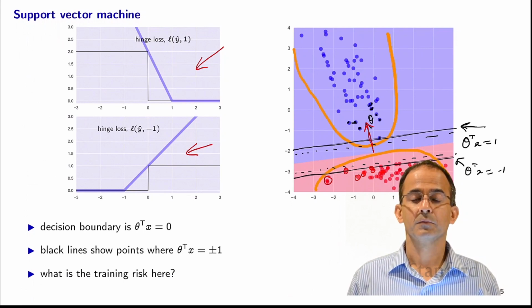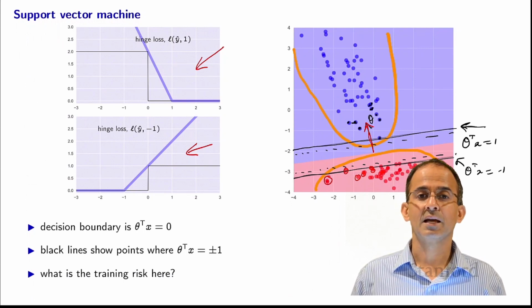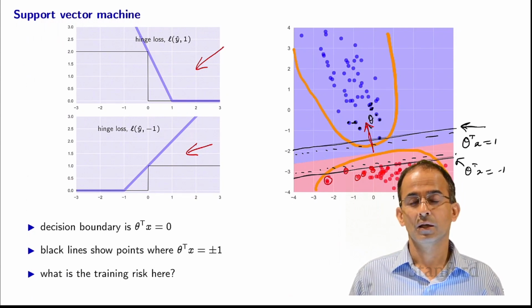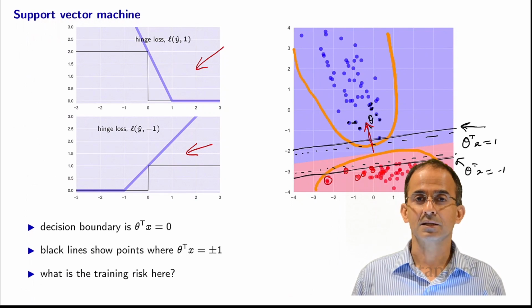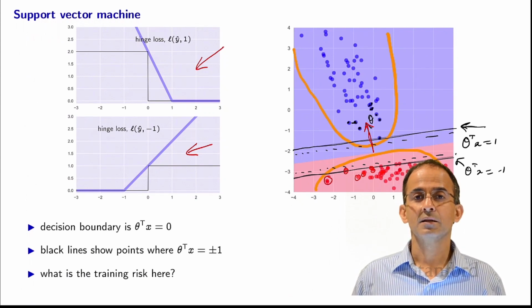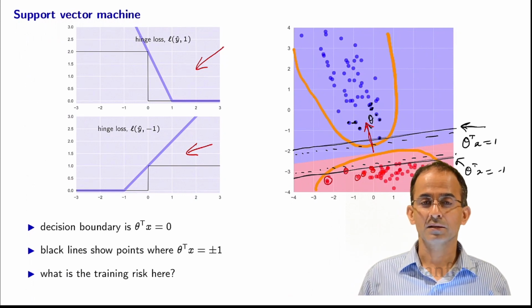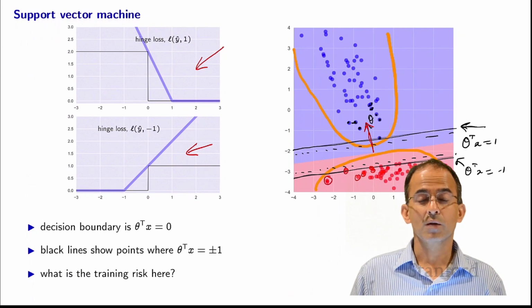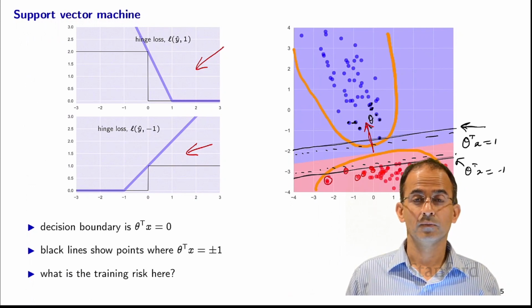Now, what's happening is that here we've got the square regularizer. And so that's a penalty on the size of theta. And so by minimizing the empirical risk plus lambda times the norm of theta, we're going to try and make theta small.